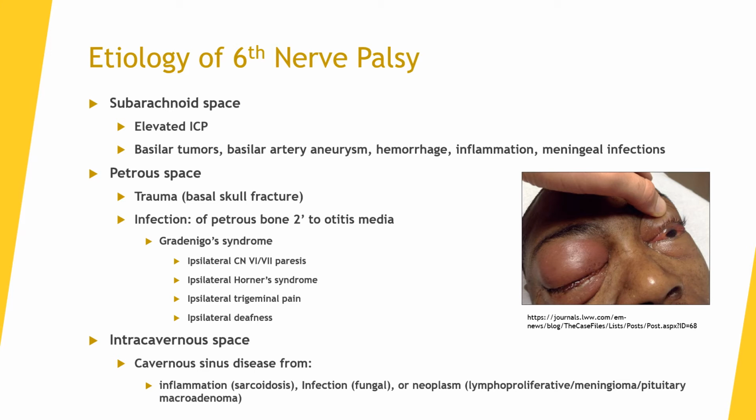This is a combination of one-sided cranial nerve 6 and 7 paresis, ipsilateral Horner syndrome, ipsilateral trigeminal pain, as well as deafness. The syndromes that we've talked about, the Foville's, Millard-Gubler, Gradenigo, these syndromes are quite interesting, and I invite you to search them up and find out more about them as well.